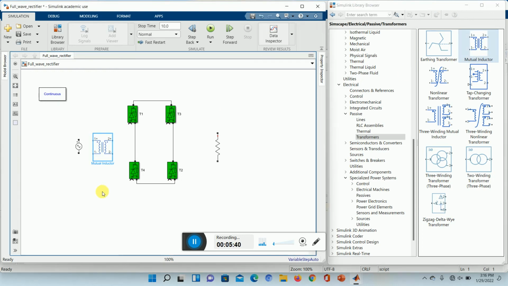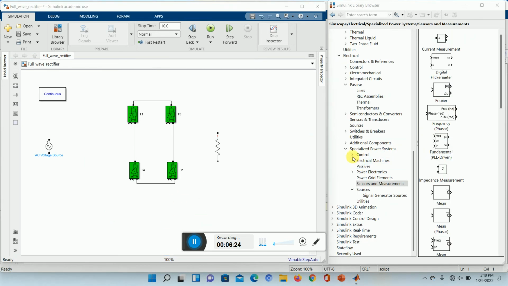So let the transformer be here. I'm not able to connect it here. So it seems like we are not able to connect this. So this is not compatible. Let me just check again.